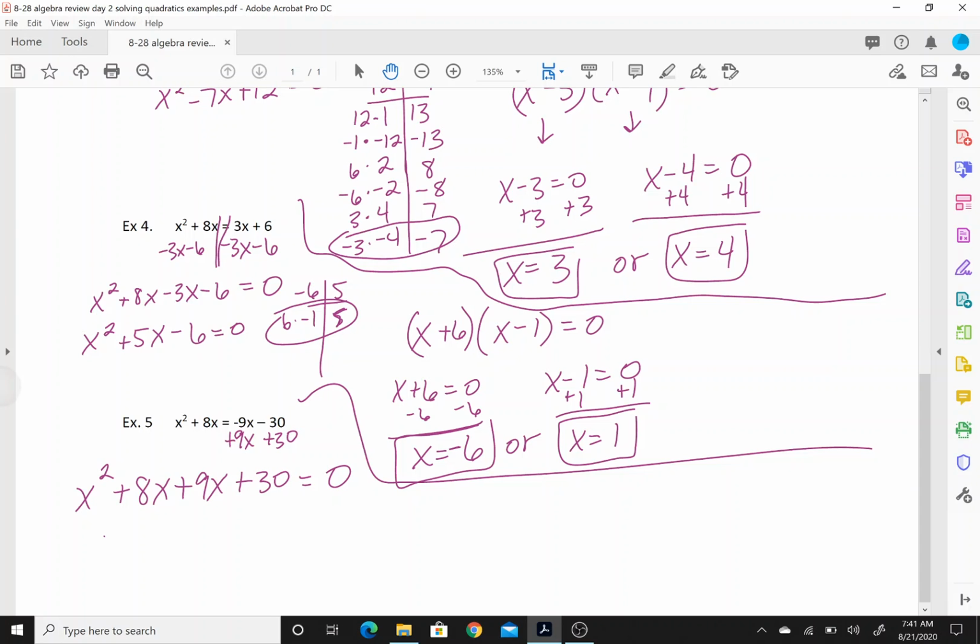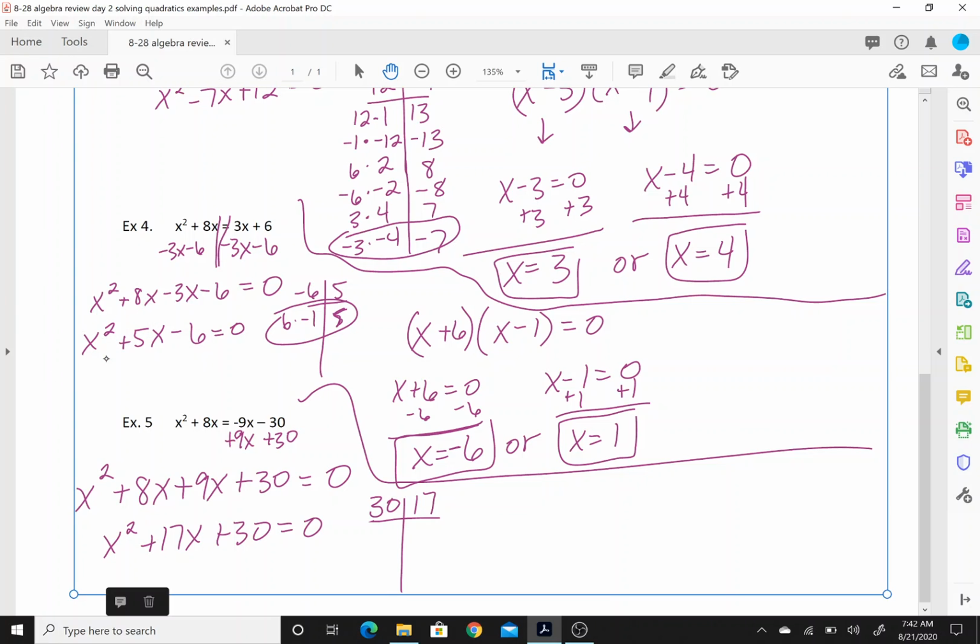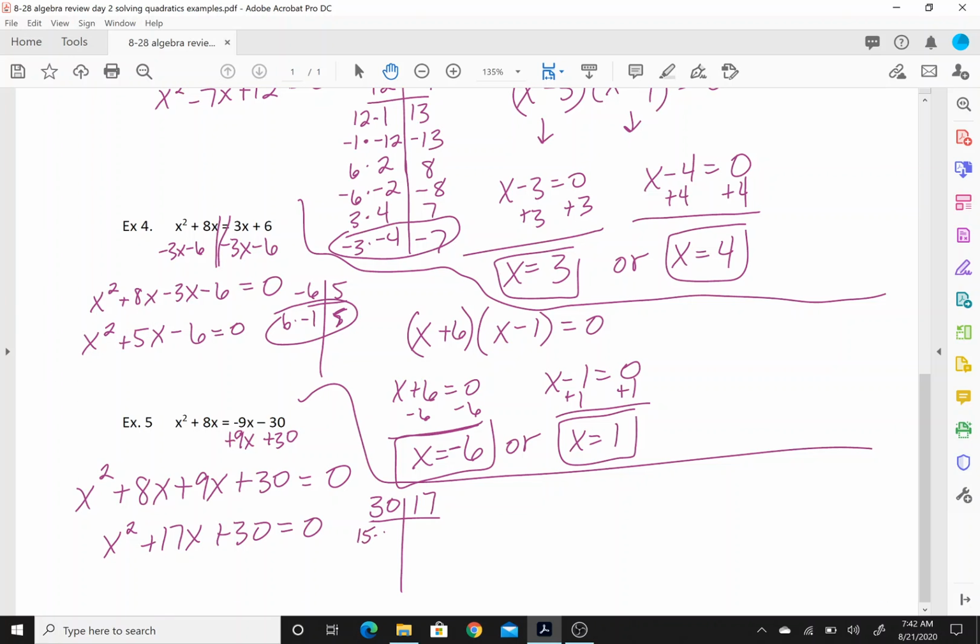And combine like terms, so x squared plus 17x plus 30 equals 0. Make a little chart. Needs to multiply to 30 and then add up to 17. Okay, think about the factors of 30. What are the only ones that would get you to 17? 15 and 2. And it's got to be the positive ones because we need them to add to positive 17. So 15 plus 2 is 17.